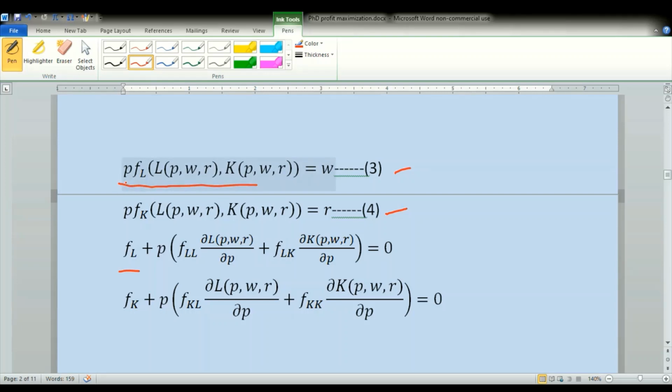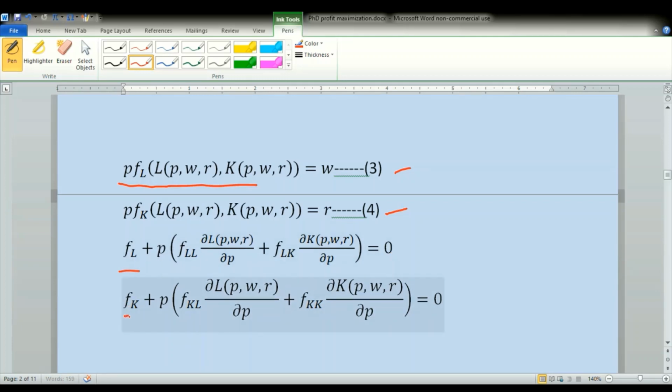So taking the derivative with respect to p, we actually make use of the product rule. So first I write this thing as it is, so it is FL. Then I write p as it is, and then take the derivative of this bracketed term. So I have FLL ∂L/∂p plus FLK ∂K/∂p. Because there is no p on the right hand side, we get 0.